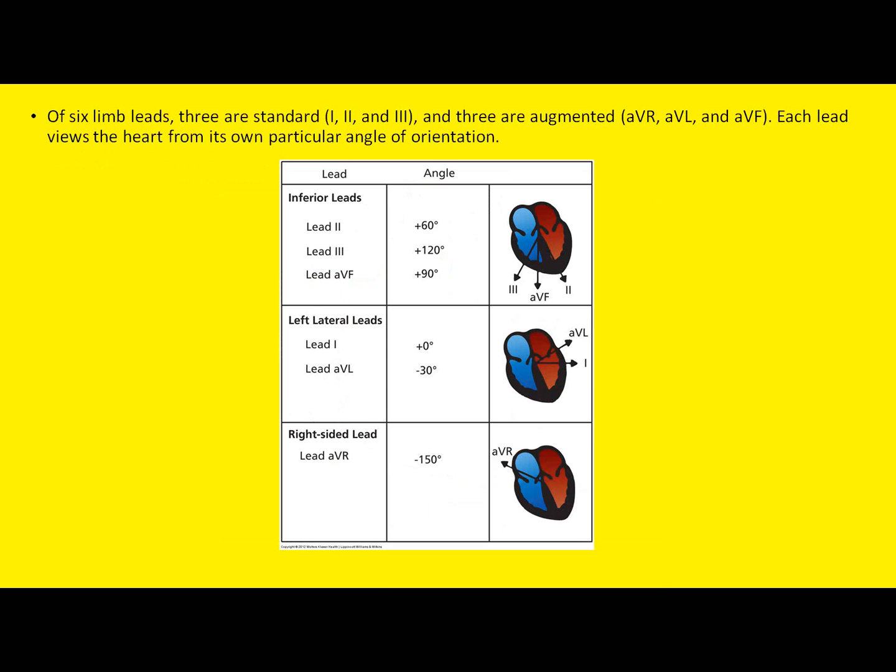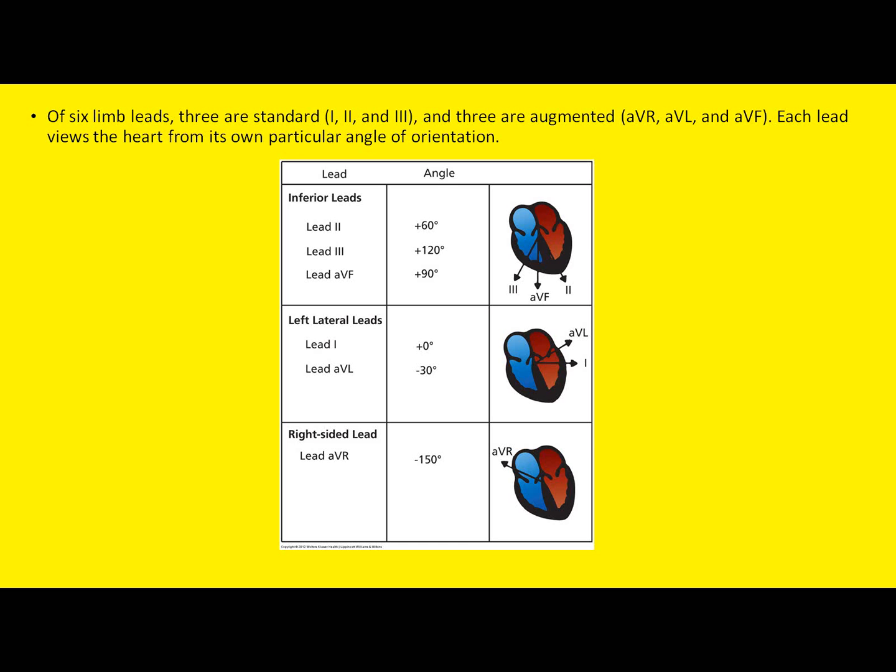So the bottom part of the heart, what are the leads? Remember, now we go back. Leads 2, 3 and AVF, these are the leads. Lateral parts are in lead 1 and lead AVL primarily, but also V5 and V6. Right side of the heart is AVR.